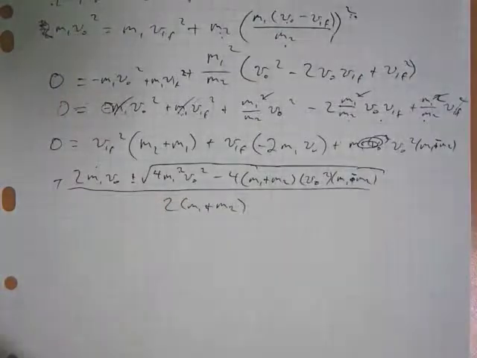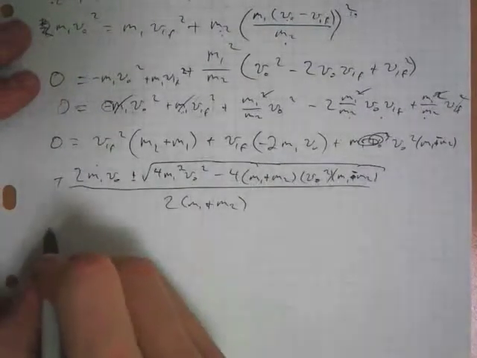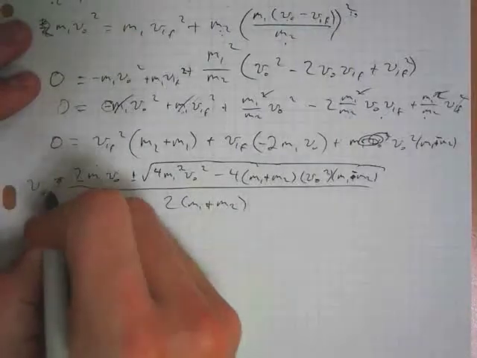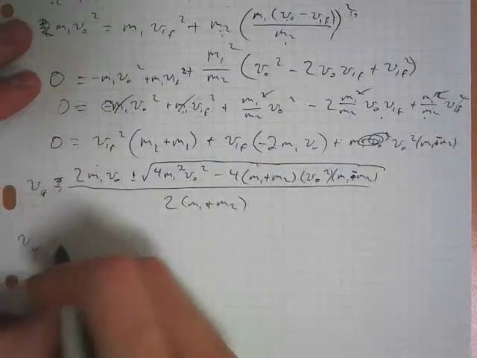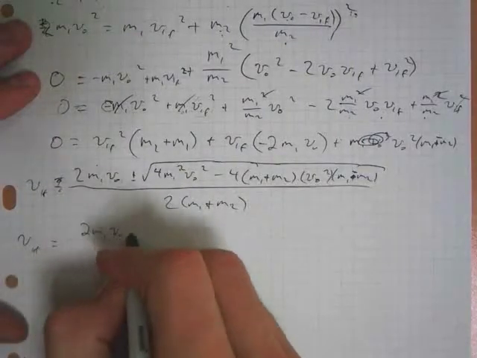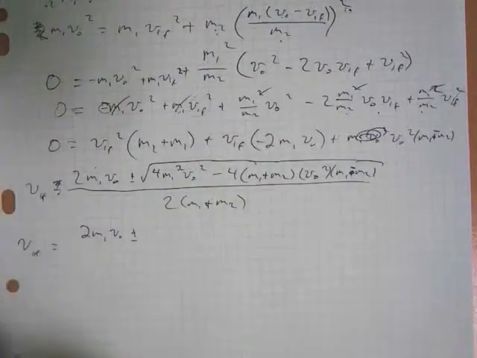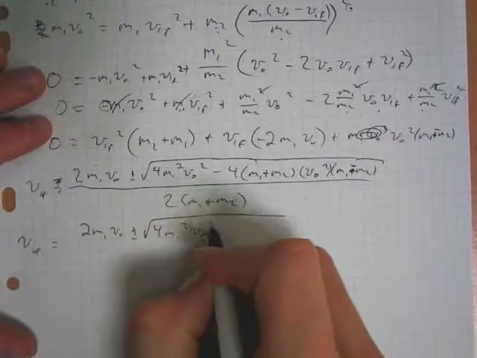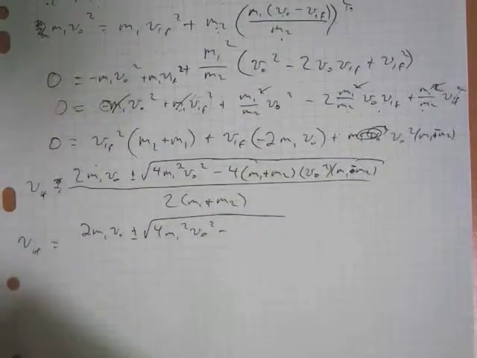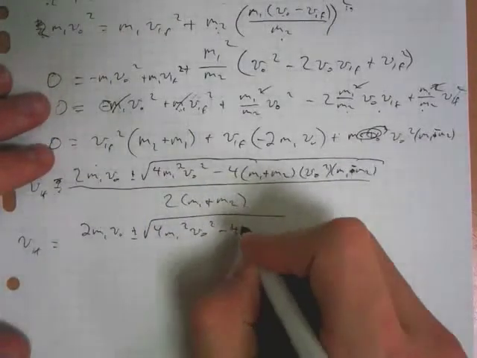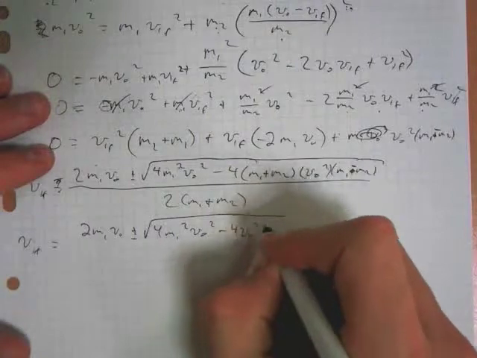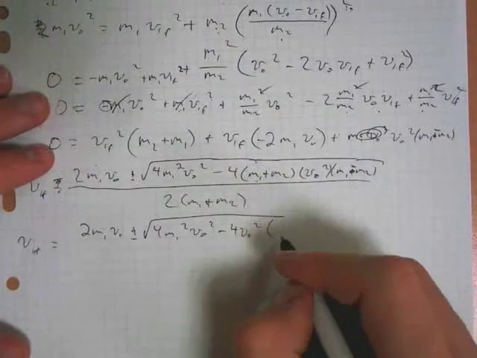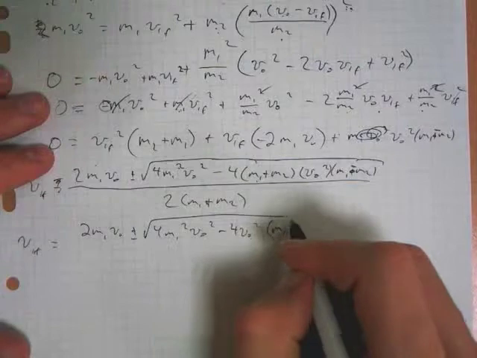Ouch. Okay. And so this gives us v1 final equals 2 m1 v0 plus or minus the root of 4 m1 squared v0 squared minus 4 v0 squared times m1 squared minus m2 squared.